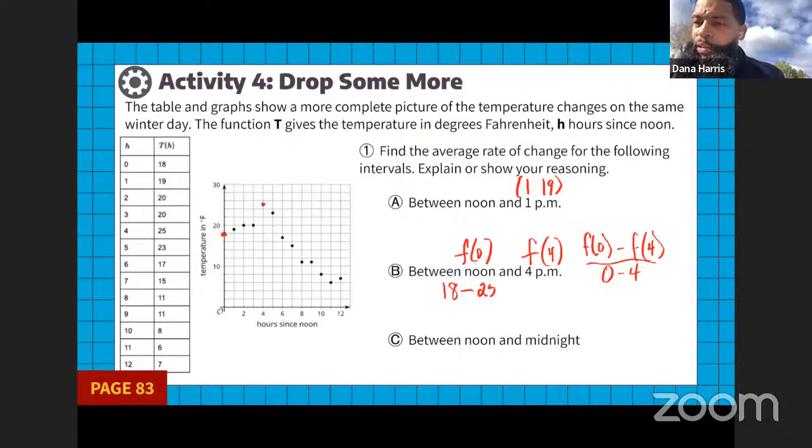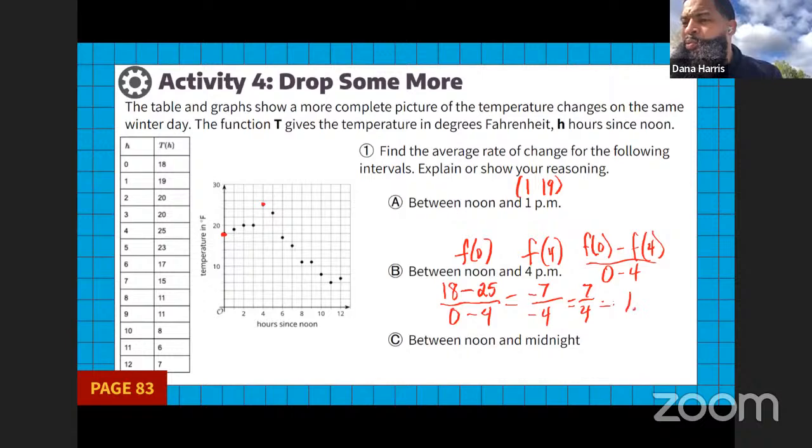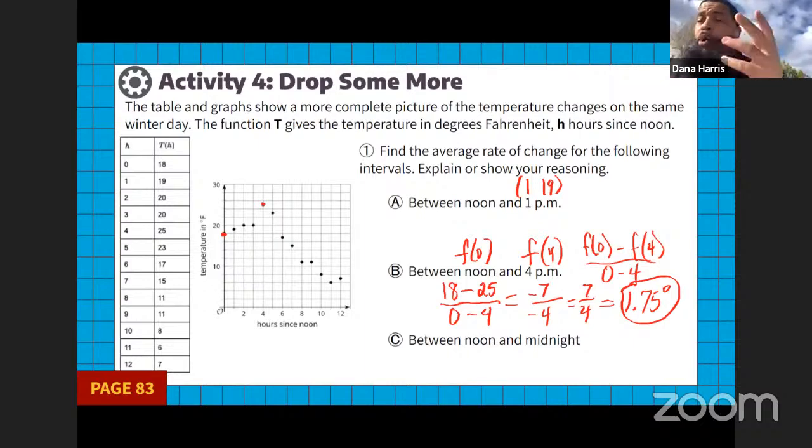So 25 degrees, and then over 0 to 4. So 18 minus 25 is -7, and then 0 minus 4 is -4. So it's 7 over 4, which is about 1.75 degrees, okay? So what this is saying is the rate of change between noon and 4 p.m., the temperature increased by 1.75 degrees per hour, okay? So that's a rate of change.